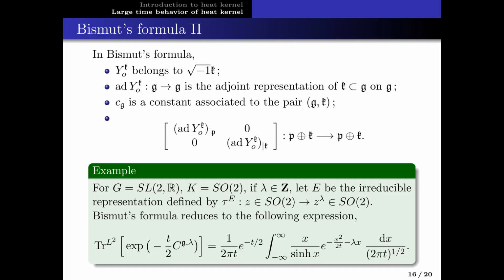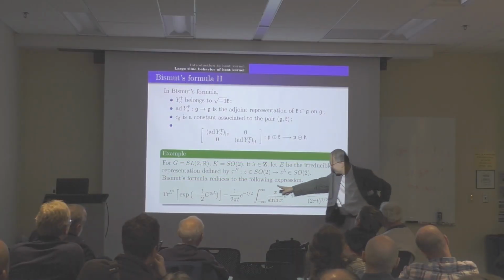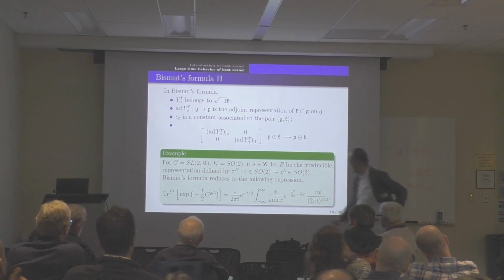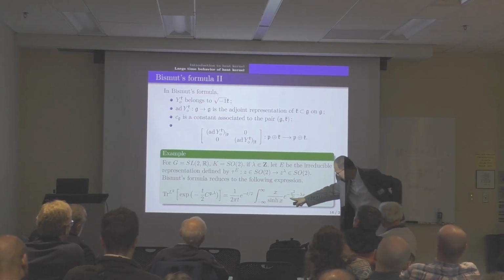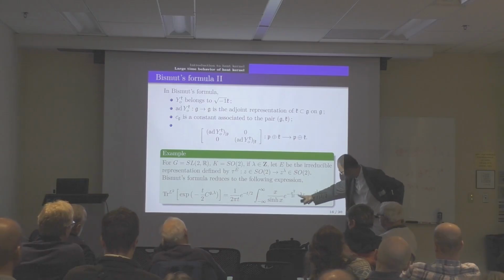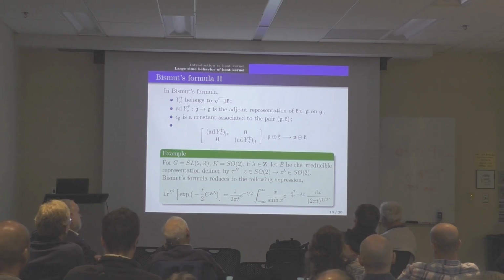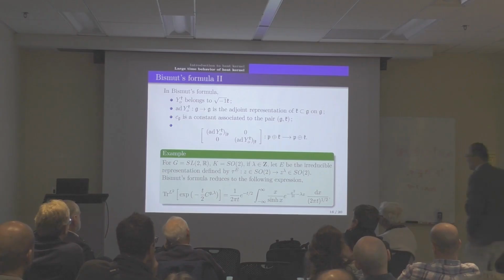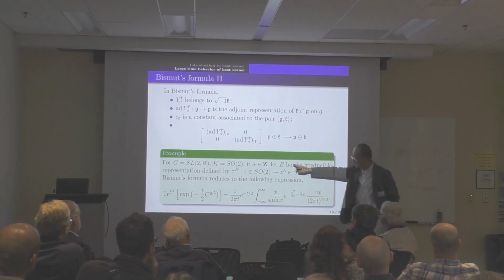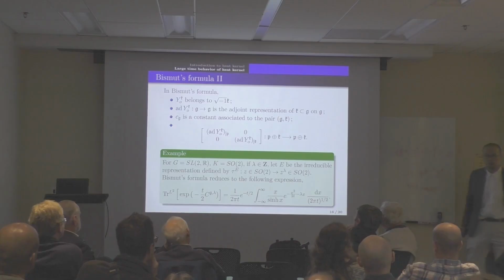Now, this Bismut formula reduces to this one, the one we saw in McKean's formula. You can see here this hyperbolic function, this exponential power, and here this is the heat kernel. Now we have this shift determined by the weight. So that's the Bismut formula for this upper half plane with this bundle with general coefficient.